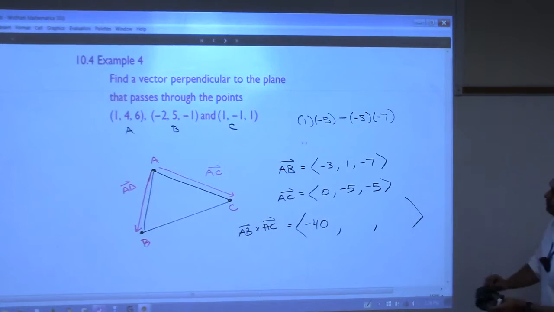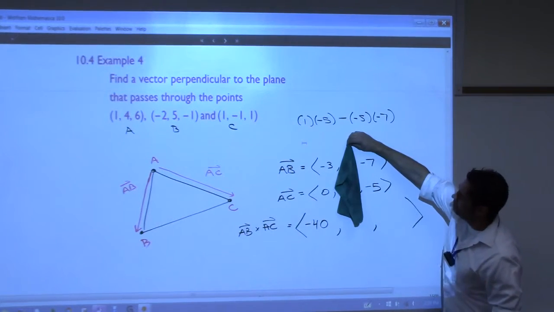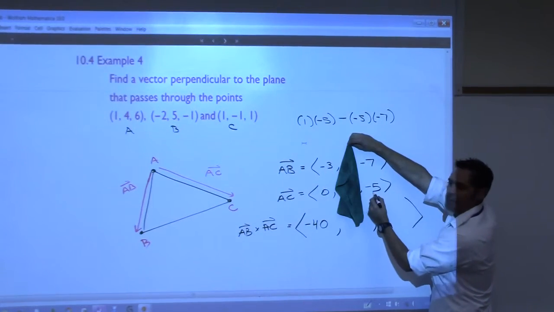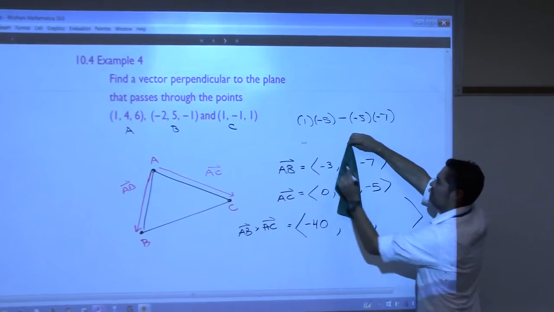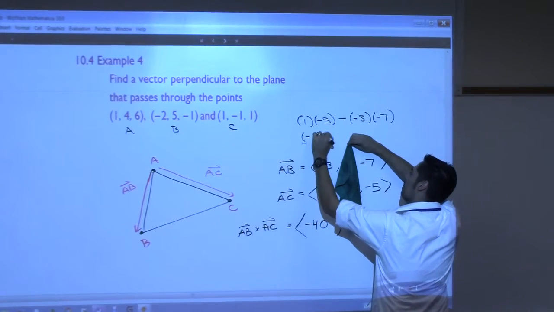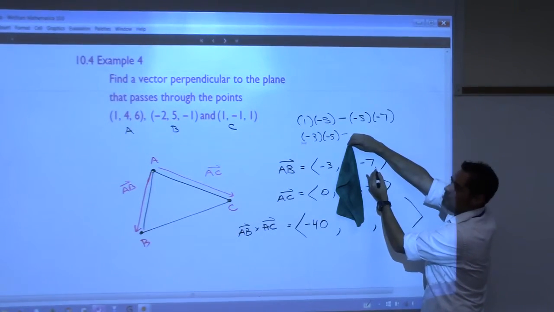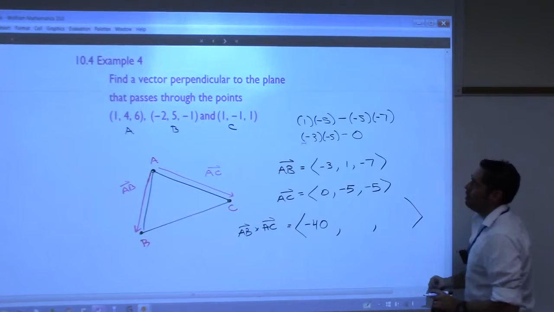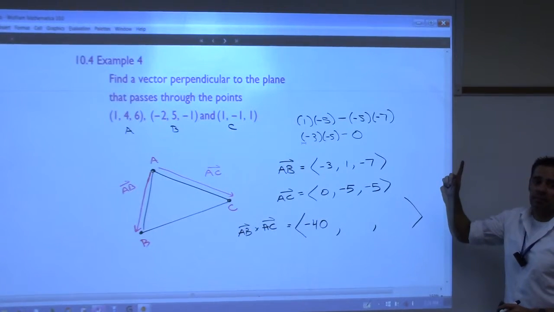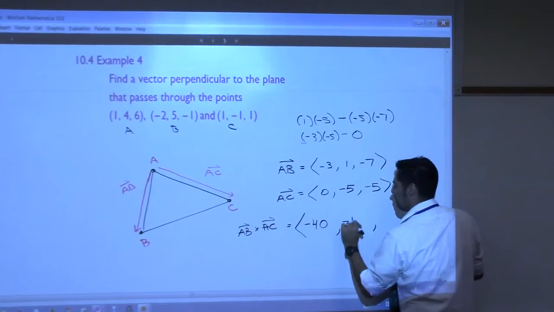What about the middle one? This and this is what? 15. So -3 and -5. Then minus 0 times -7 is 0. So I get 15, but then change the sign, so -15.